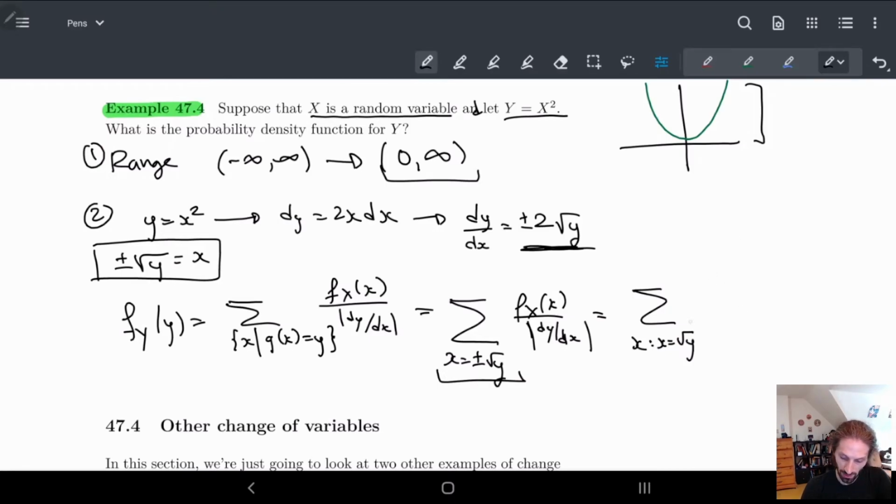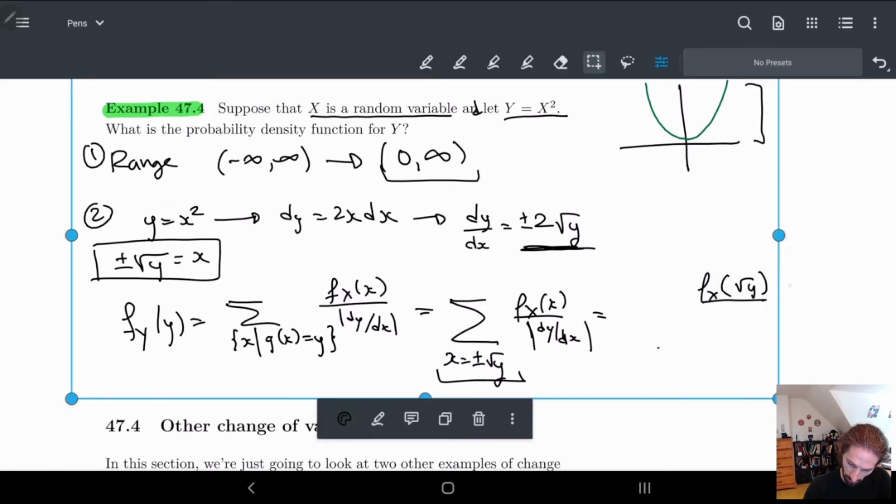So in this case, x is equal to square root of y. Actually, let me write this a little differently. This is not a summation, I did this wrong.